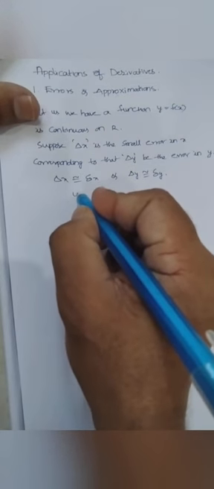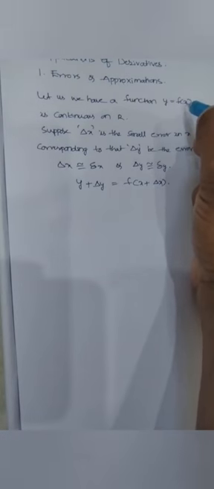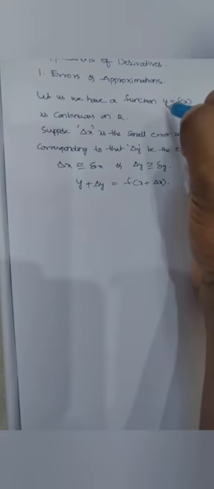So y plus delta y is equal to f of x plus delta x. When x has the error delta x, y will also change, so the error in y is delta y.